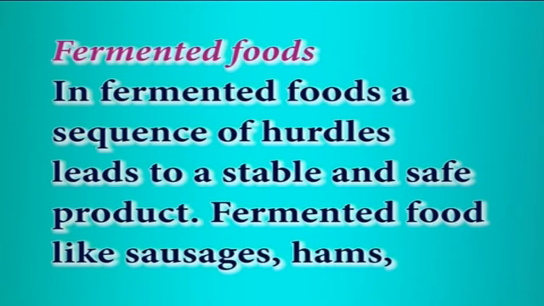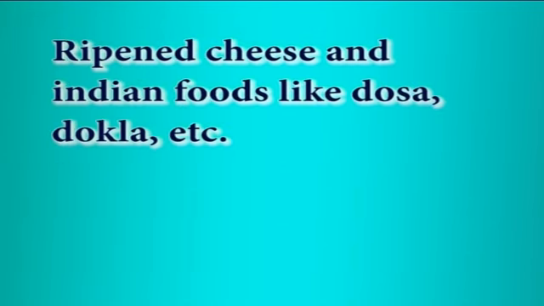Examples of hurdle technology: fermented foods. In fermented foods, a sequence of hurdles leads to stable and safe products. Fermented foods like sausages, hams, ripened cheese and Indian foods like dosa, dhokla, etc. are such technologies which are naturally adapted.